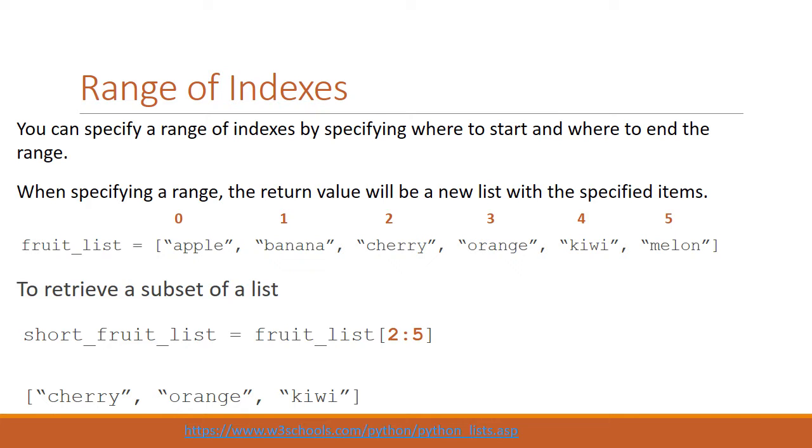To retrieve a subset of this list, say we want to start at index 2 and go up to but not including index 5, we would say our short fruit list is assigned fruit list bracket 2 colon 5. That will return the sublist cherry, orange, and kiwi. And notice that gives us the elements at index 2, index 3, and index 4.